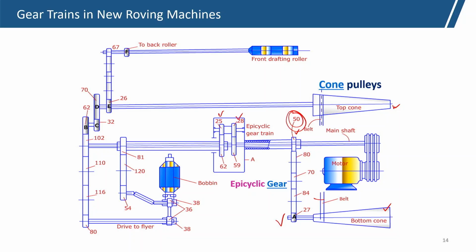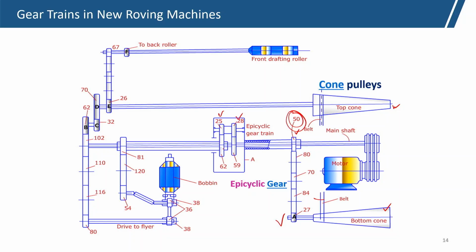These two speeds are superimposed, and finally it gives the output roller of 62 teeth, which is the output of the epicyclic gear, and ultimately it drives the bobbin through the hollow shaft. The 62 is attached only to the hollow shaft, and it is freely rotating; it can freely move over the main shaft.